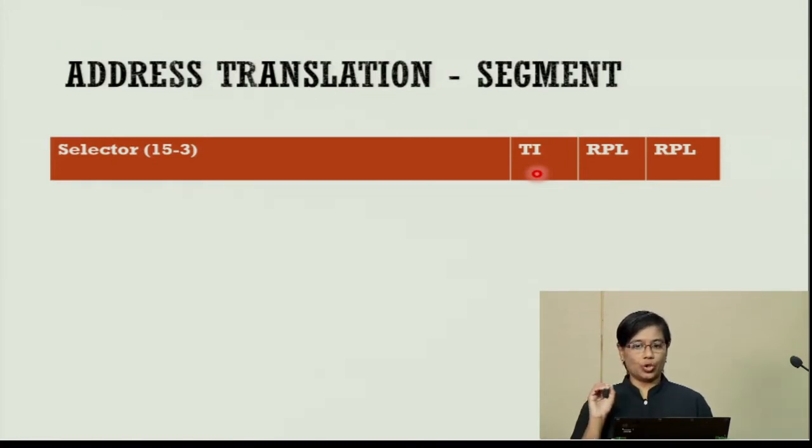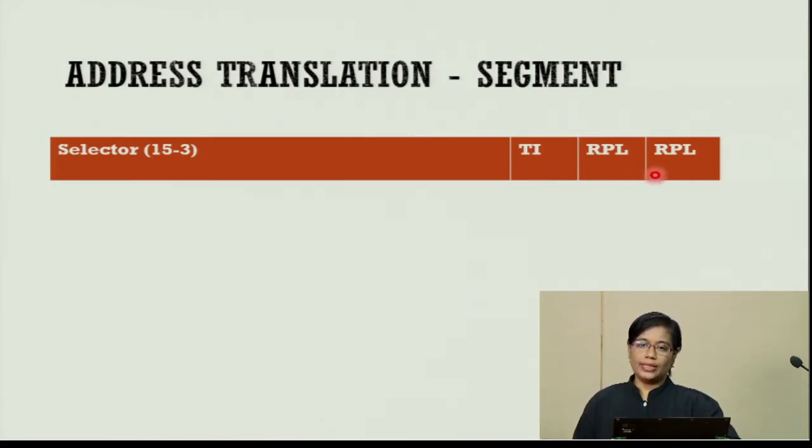If it is 1, the entry for this particular segment is going to be available in the local descriptor table. Because you have to pick a descriptor from either the LDT or the GDT, this bit indicates which table is going to be used. So 0 is GDT, 1 is LDT.